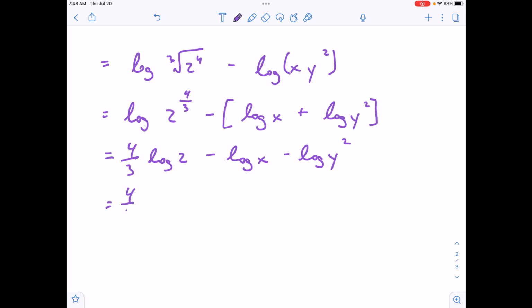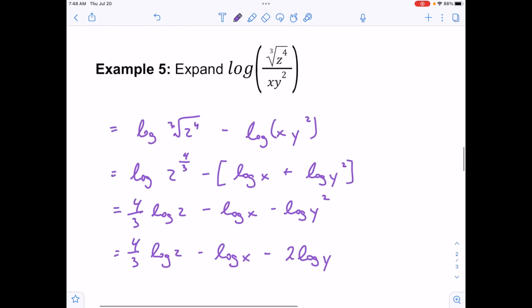So I'll have 4 over 3 log of z minus log of x minus 2 log y. This is now our fully expanded form. There's nothing further that I can do in terms of breaking terms up or in terms of bringing exponents out front. Okay, fully expanded, and that's everything you need to know about log laws.